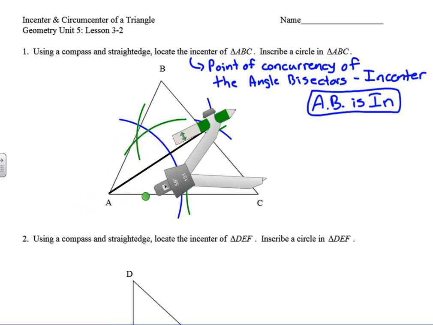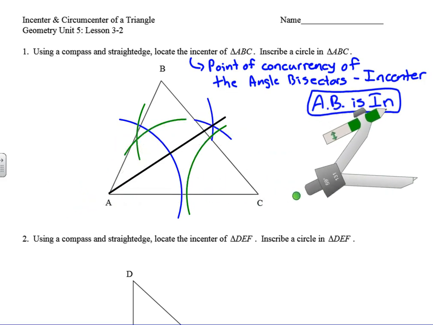And then we connect that line through here. Okay, now the point of intersection, this point right here where the two meet, if we did the third one it would go through the same line, but we only need to do two, is called the incenter.